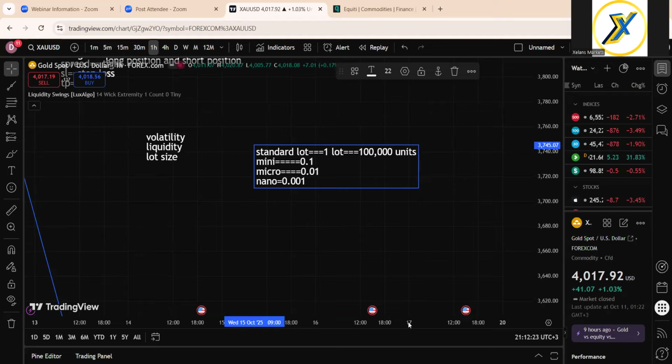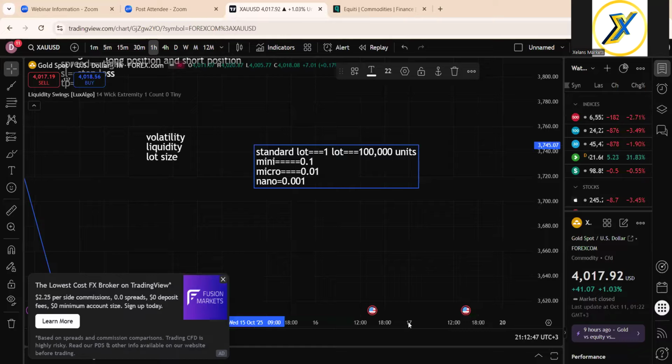So if it moves 200 pips, you make $2,000. And I want you also to think about the opposite. You have only a small account of $100 and you've put a lot size of 1. So if Euro USD moves 5 pips on the negative side, it means that you've already lost $50.